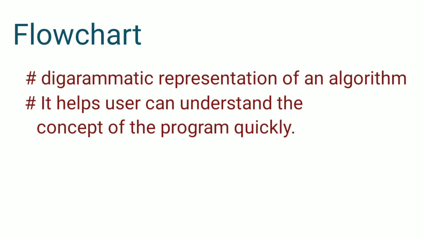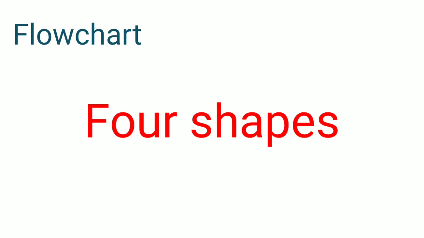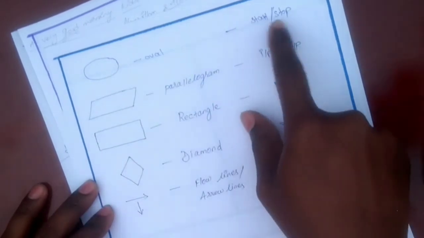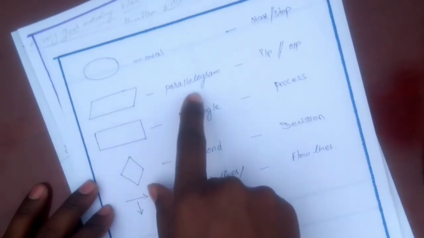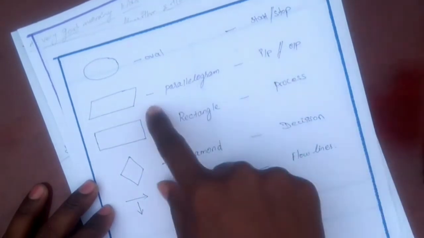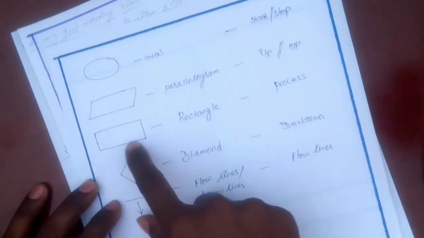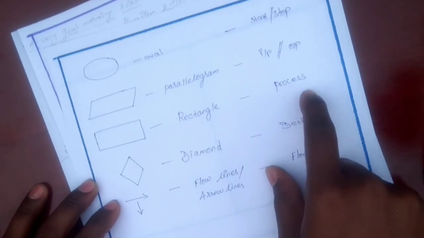The flowchart consists of symbols. This one, the oval, represents start and stop. This is the parallelogram, mainly used for input or output. This is the rectangle, mainly used for processing.